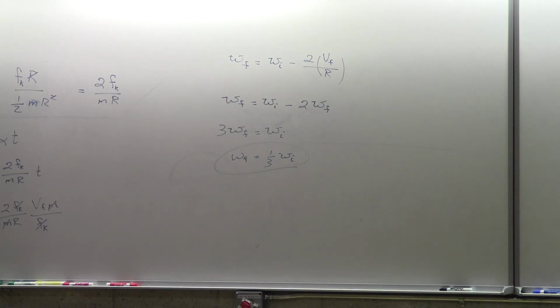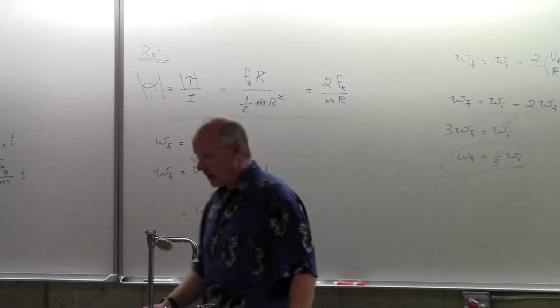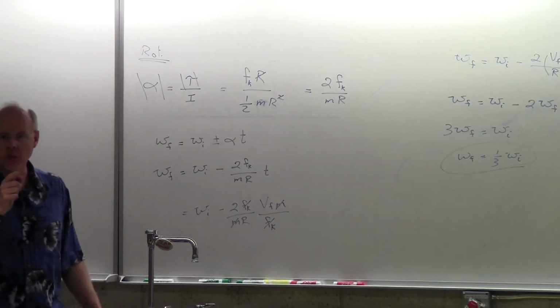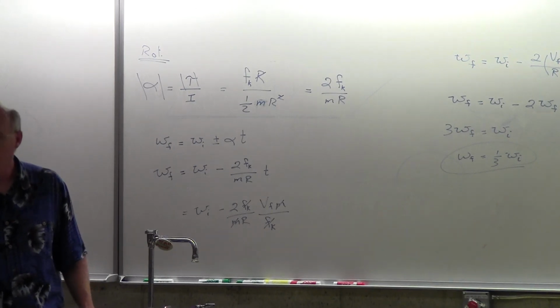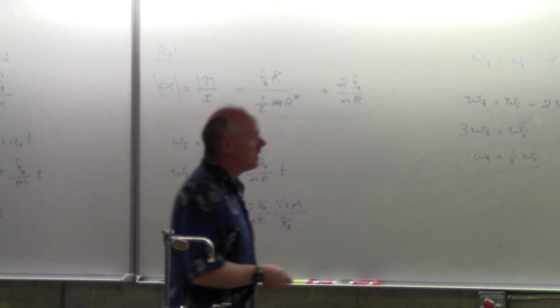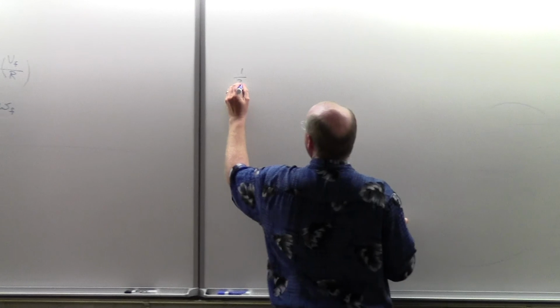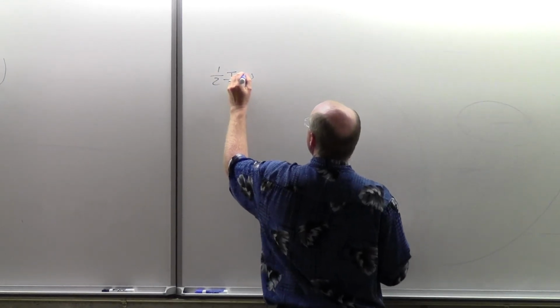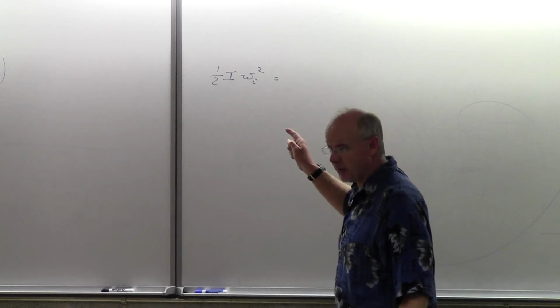What is the final speed of this? And I'm going to run out of time, but B was, what fraction is converted into heat? Wasn't there some heat here? This wheel was spinning. Wasn't there rubbing going on? So if I apply conservation of energy, I can say 1/2 I omega initial squared is how much energy I start with, right?